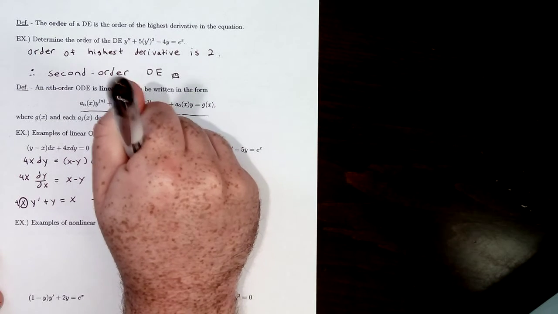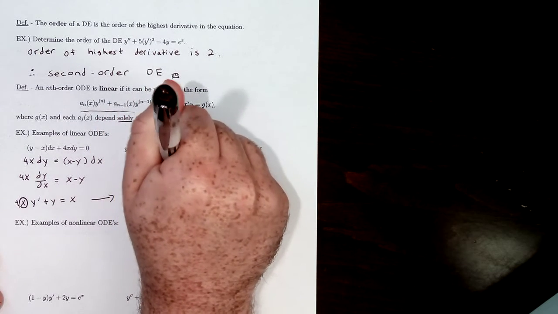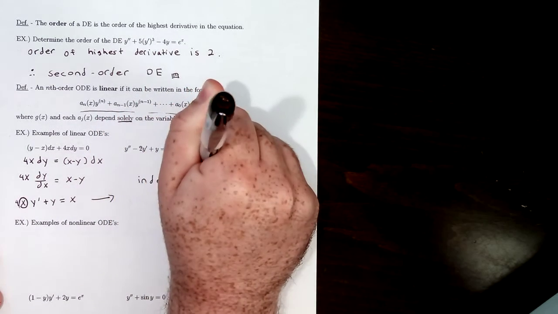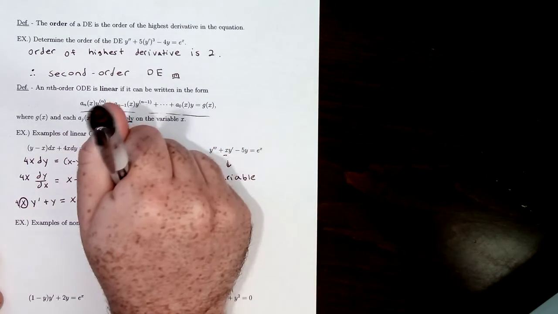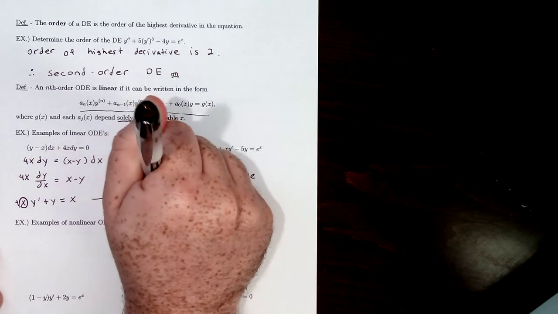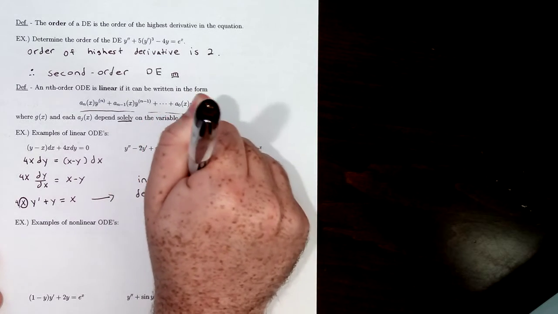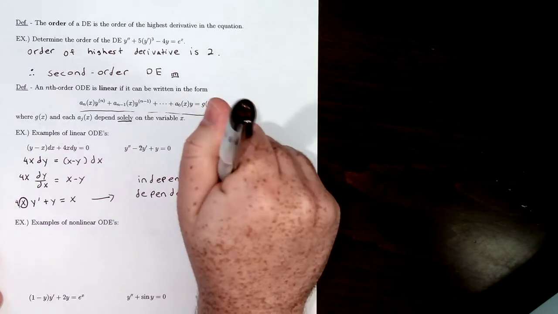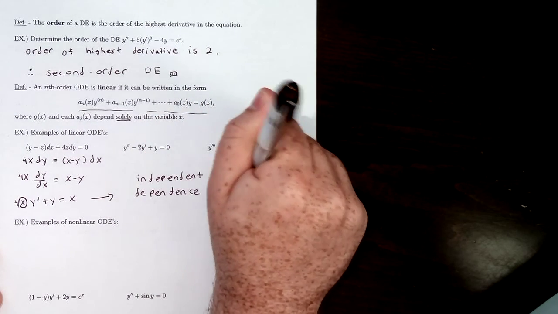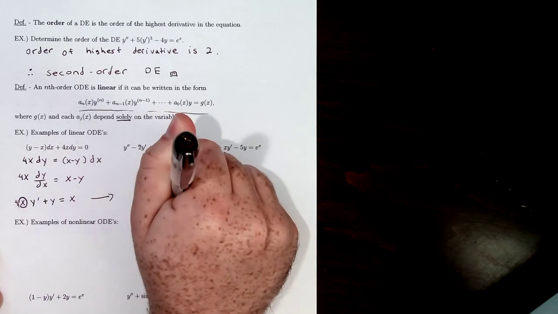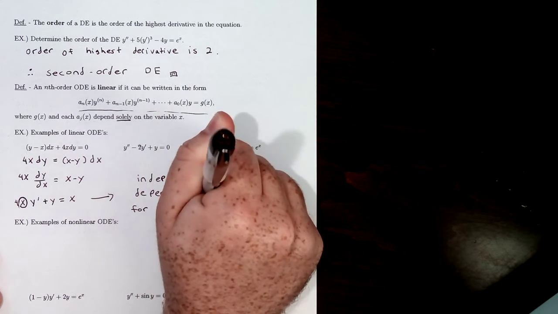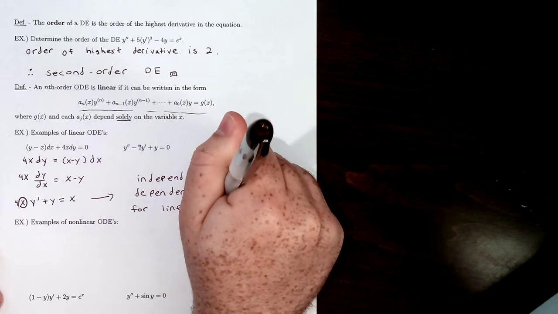Independent variable dependence is okay for linearity. Really hitting that point home.